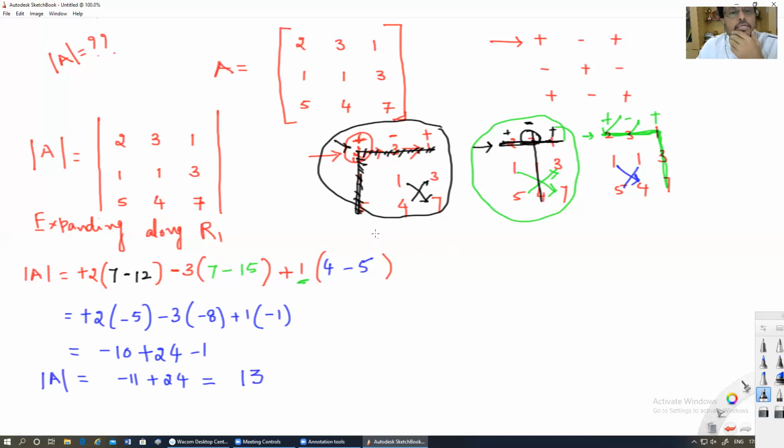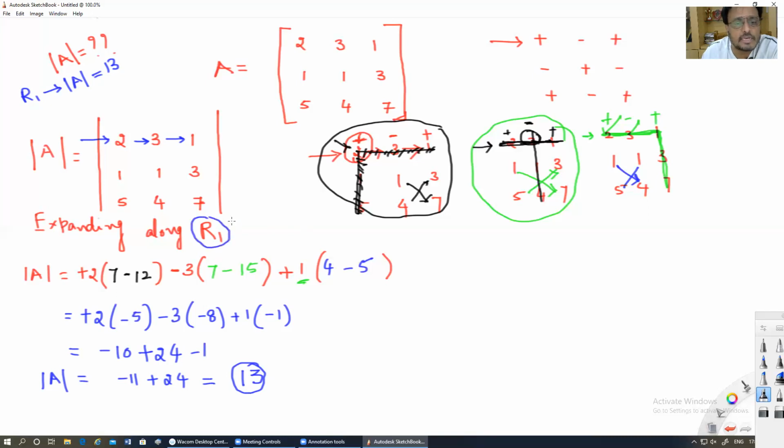So dear students, here once again you see that I have expanded using row 1, the first row. From R1 I got the answer, determinant of A is 13. The determinant of this matrix remains the same if you choose any other row or any other column. But always R1 is the standard for beginners.